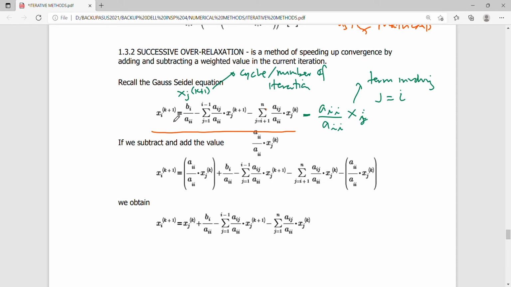So if I have two iterates involved here, k plus 1 and k, I simply refer to the latest iteration in terms of k plus 1 and the older iteration in terms of k. So the two successive iterations now involve an old iterate k and a new iterate k plus 1.